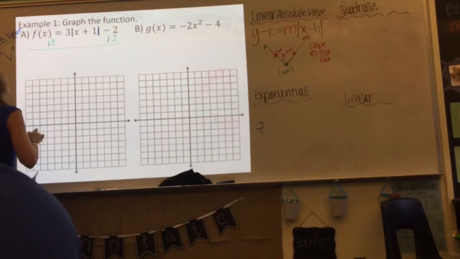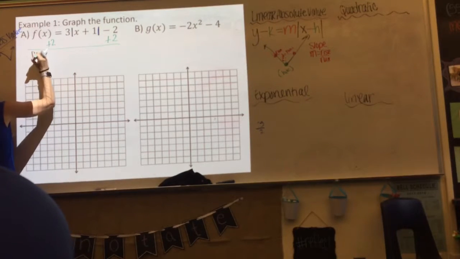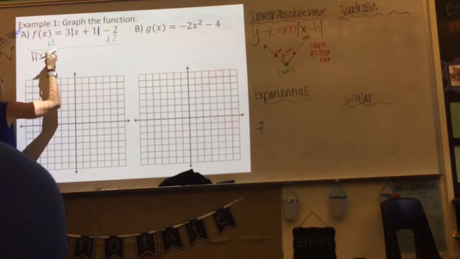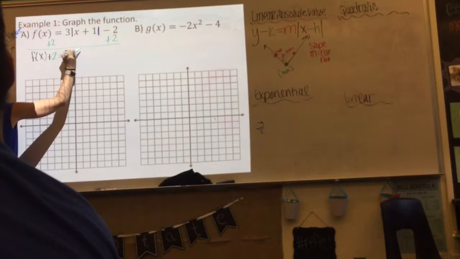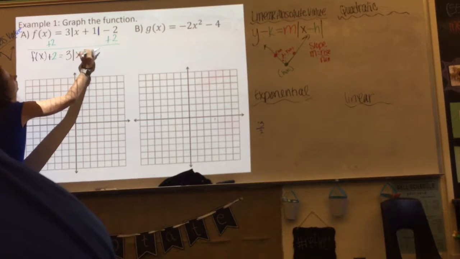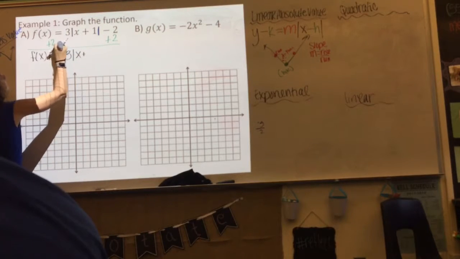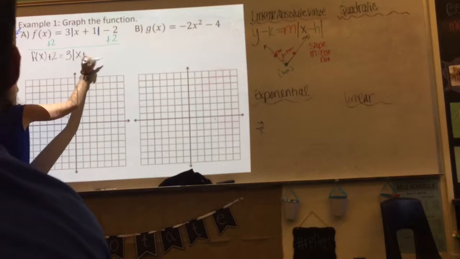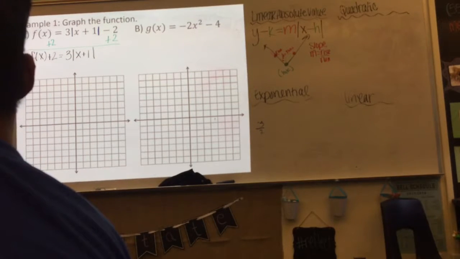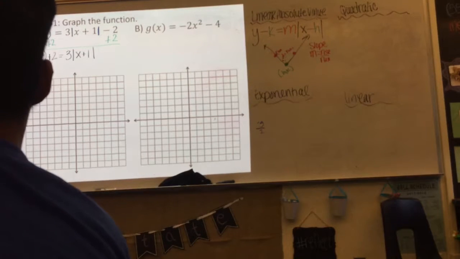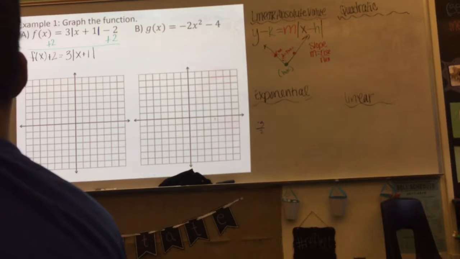Now, for some of you, this next step is going to be different than what you did in Math 2. Did you guys graph it all in Math 2? A little bit. What is the H and the K? Starting point. What's the H and K for this one now that I have it in this form? 1 and 2.